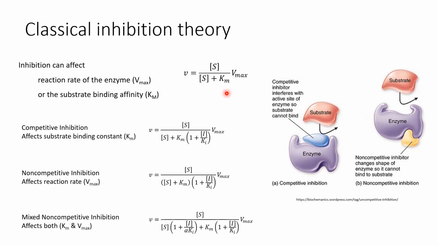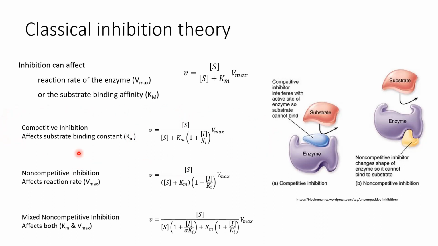And these forms of inhibition are defined with the classical inhibition theories. They were derived using reaction schemes, and you can look those up if you want. I think they are derived in a few videos online.